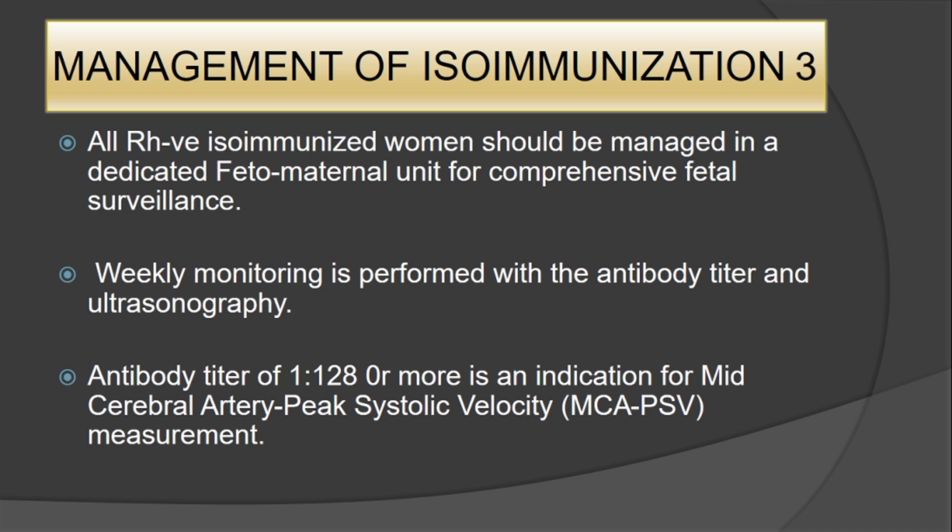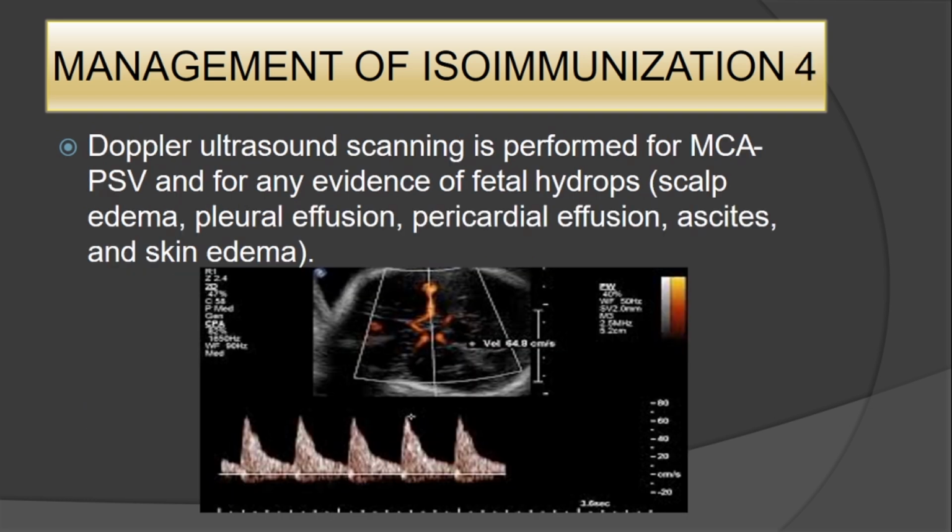So initially we begin to monitor the antibody titer in the maternal serum. If the antibody titer is higher than 1 in 128, then there is indication for the measurement of the mid-cerebral artery peak systolic velocity.